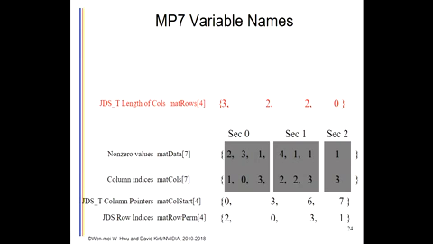So the real difference is an additional array called mat rows. This is the length of the rows of the original CSR rows. And after the transposition, this is the length of the transpose columns.